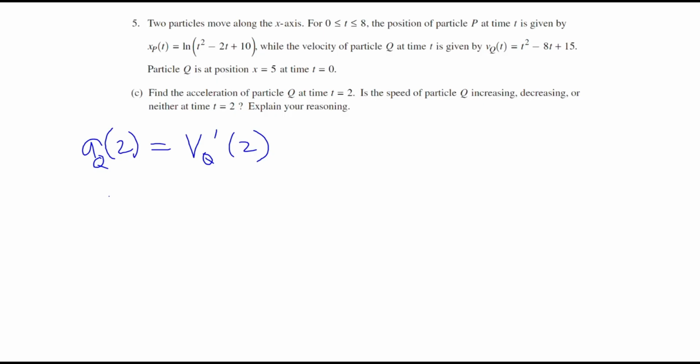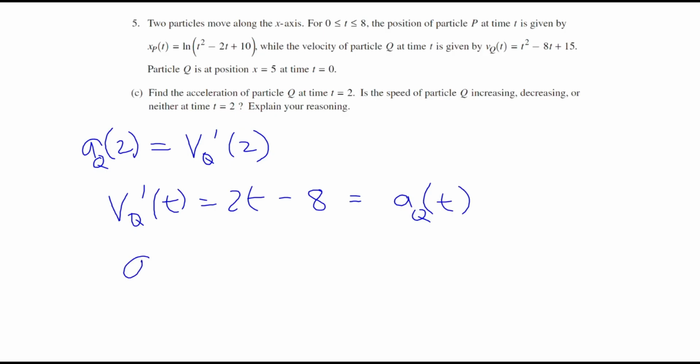And so we'll note that V sub Q prime of t is equal to 2t minus 8, and that's A sub Q of t. So A sub Q of 2 is just 2 times 2 minus 8, which is -4.